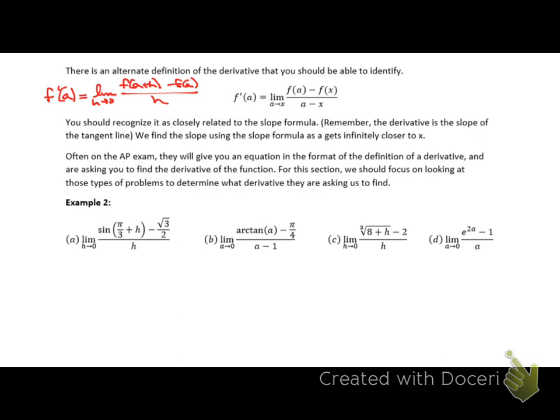If you look at A, B, C, and D, they all have the letter going to 0. Oh, B should be going to 1. Sorry. But anyway, the first thing that they're giving you is the function. The second thing they're giving you is the function with the number plugged in, most of the time. Between the two equations, the second one is going to be the function with the number actually plugged in.